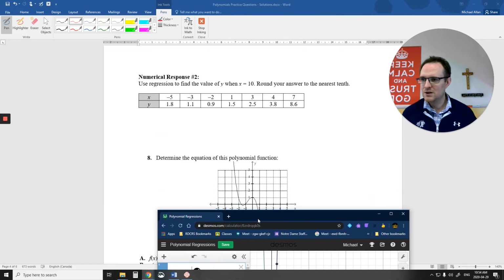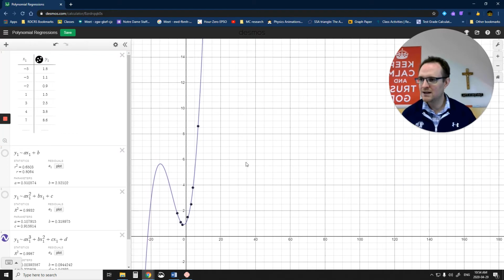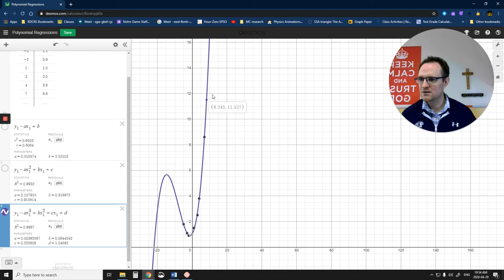What are we trying to find anyway? What x is 10? Because the cubic one seems to match the best, let's take off the others. Sometimes they just tell you which one it is. I'm going to say that this one's cubic because it has the better fit. And then I just want to find out when x is 10. So I could just go along this graph until I find 10.